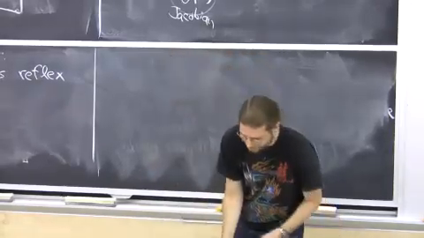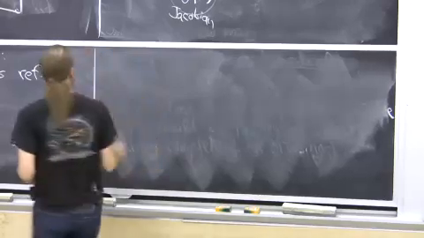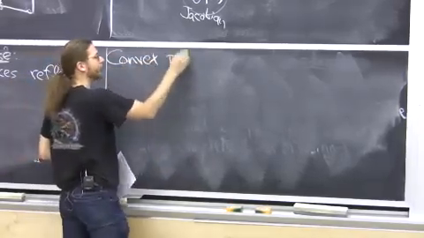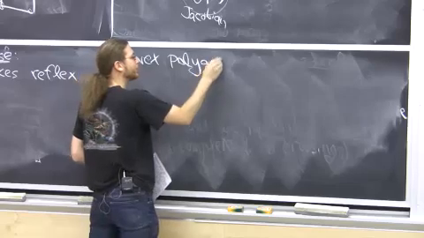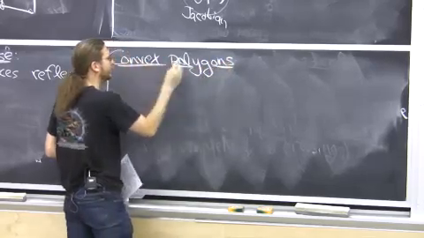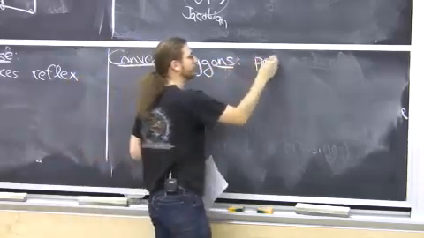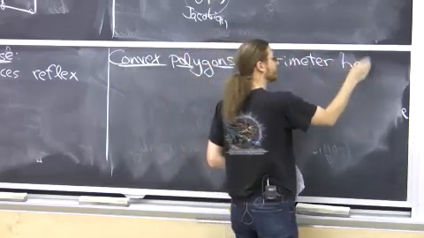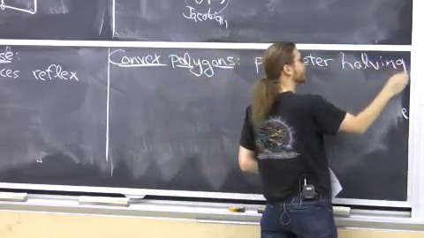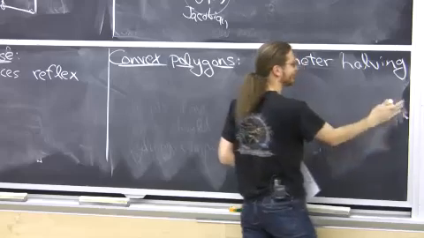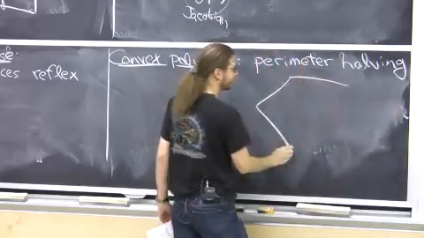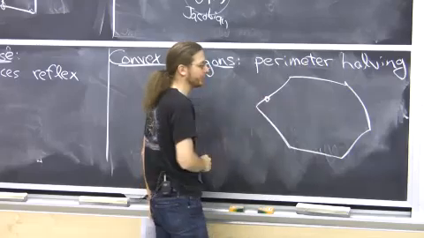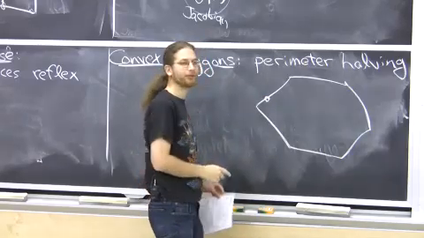convex polygons. Convex polygons do always glue to something using something called perimeter halving. Which you do basically by halving the perimeter. So I have some convex polygon. I'm going to choose any point on the boundary and then halve the perimeter from there.